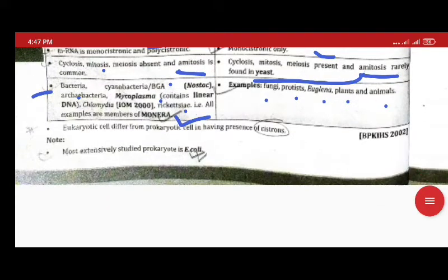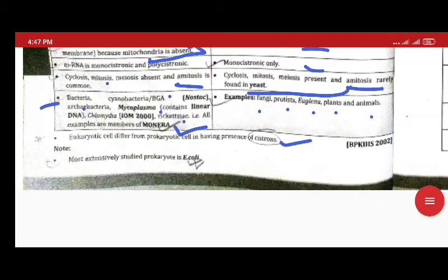Now eukaryotes differ from prokaryotes by having what? Presence of cistron, because here mono and poly both cistrons, but only monocistron in eukaryotes. Now the most extensively studied prokaryote is E. coli.